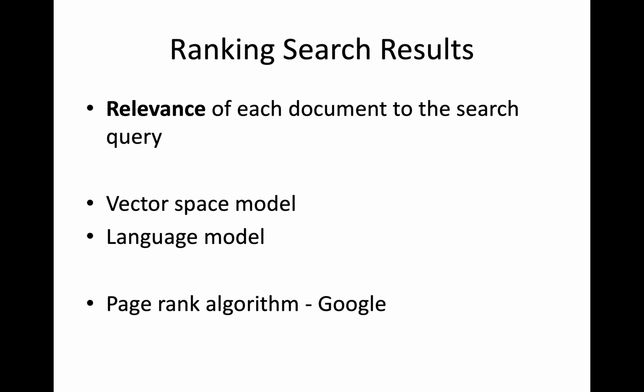So ranking sources, we can rank the source results as per the relevance of each document to the source query, right? We can use either the vector space model or the language model to find whether that document is similar to what we think the source query is searching for, right?